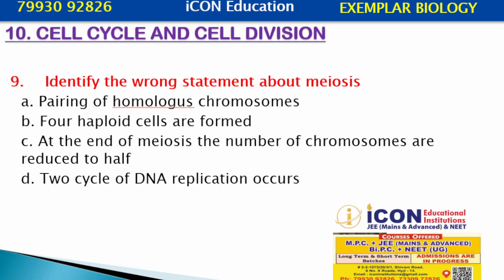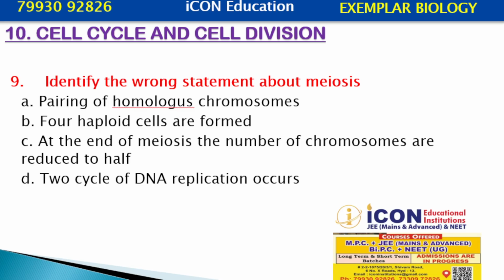Question number 9. Identify the wrong statement about meiosis. Number 1, pairing of homologous chromosomes. Yes, this happens. 4 haploid cells are formed. This is also true, because at the end 4 haploid cells are formed. At the end of meiosis, the number of chromosomes is reduced to half.